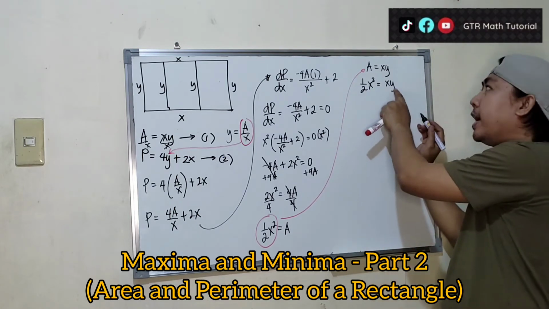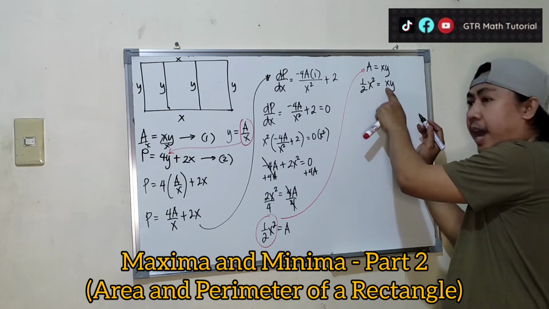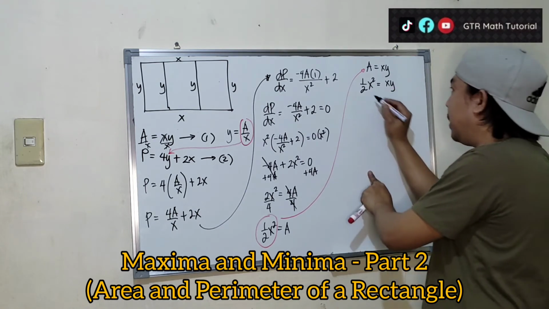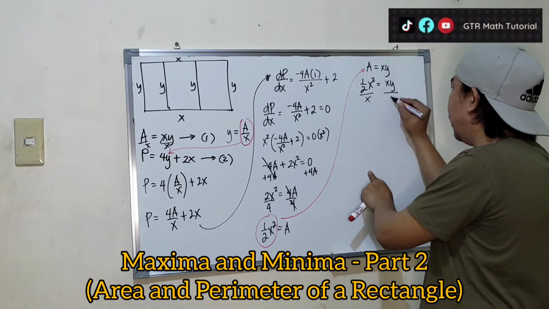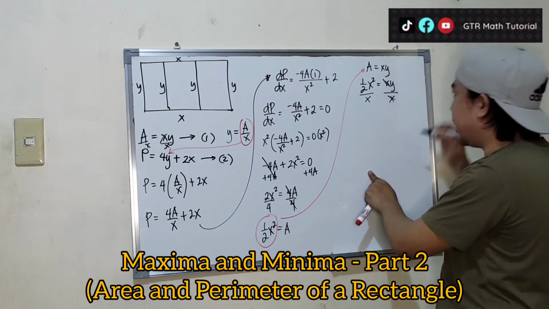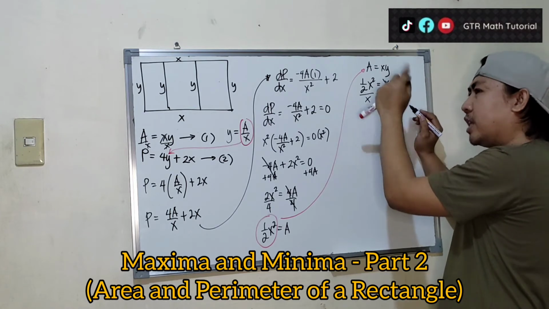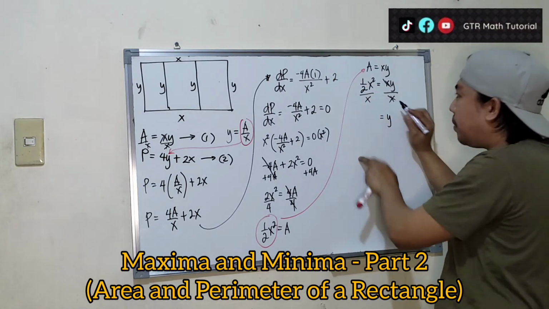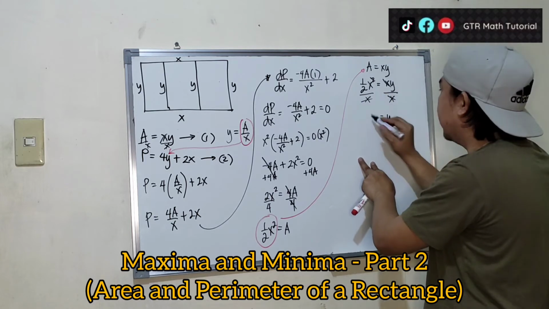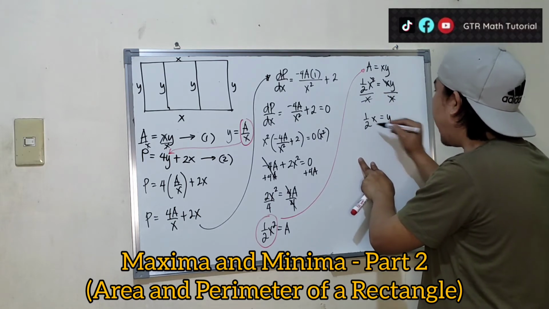Then solve for y, divide both sides by x. So therefore we have y equals, with x squared in the numerator, 2x, and then x in the denominator, so we can cancel one of the x. So we have y equals 1 half x.